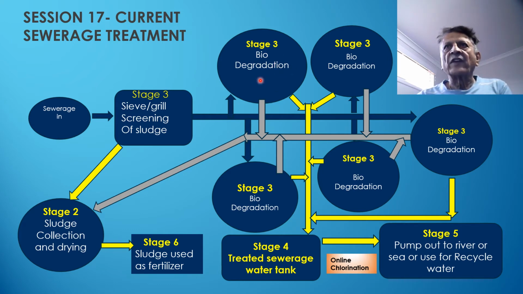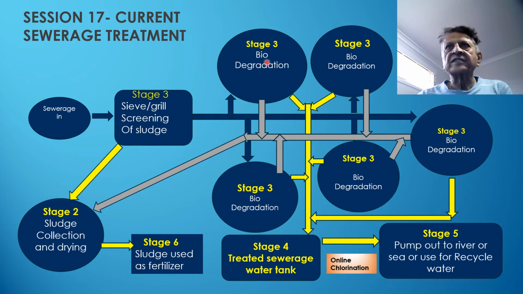Now it takes about 5 days for the complete aeration and destruction of all the protein matter, so that the water becomes very clear. And once the water becomes clear, the clear water runs off into the treated sewage water tank, while any undigested material, that is the sludge that settles down, is taken back to the sludge collection tank.